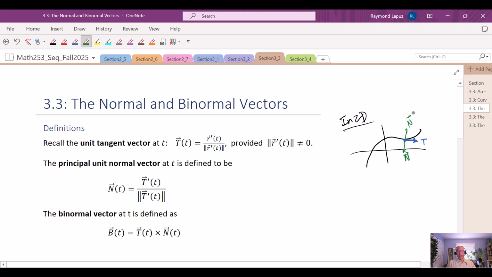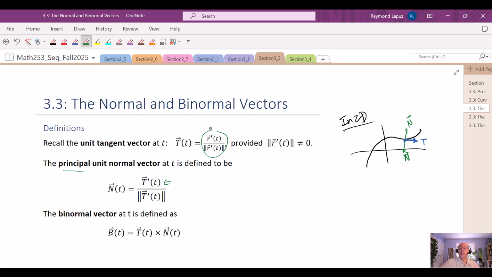To make our principal unit normal vector unique, we want to choose the one that's related to the second derivative. When you take the derivative of the unit tangent vector, you're taking the derivative of r prime of t divided by the magnitude of r prime of t, which will eventually get you some aspects of the second derivative.